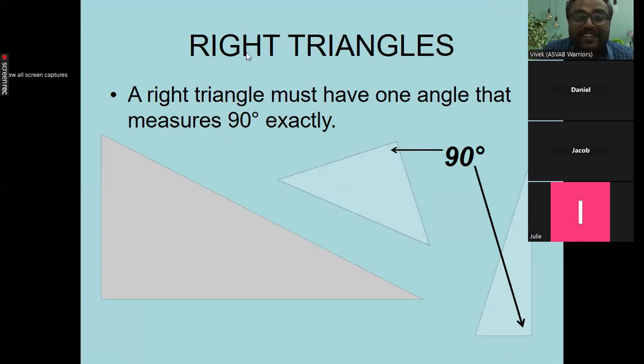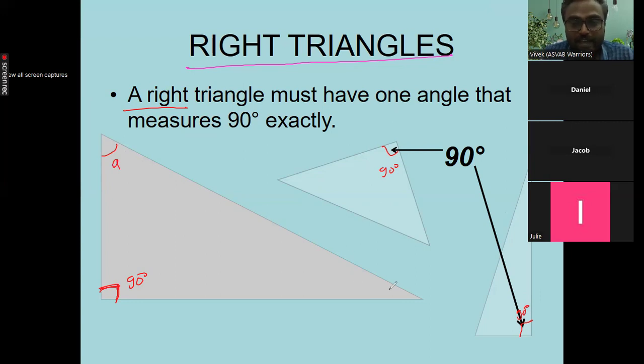So right triangle. Right triangle means what? There is a right angle present exactly in that triangle. Only one right angle. So this is 90 degrees. Always remember the sum of interior angles of any particular triangle is equal to 180 degrees.